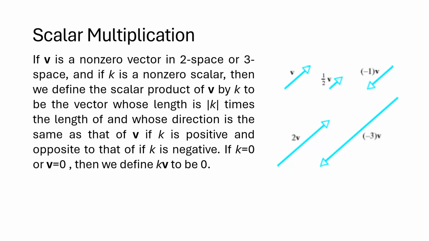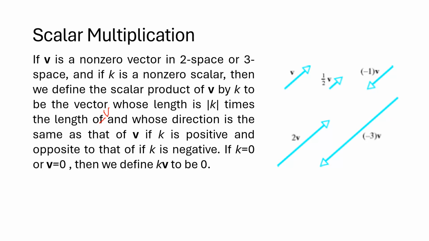If v is a non-zero vector in 2-space or 3-space, and if k is a non-zero scalar, then we define the scalar product of v by k to be the vector whose length is the absolute value of k times the length of v, and whose direction is the same as that of v if k is positive and opposite to that of v if k is negative.